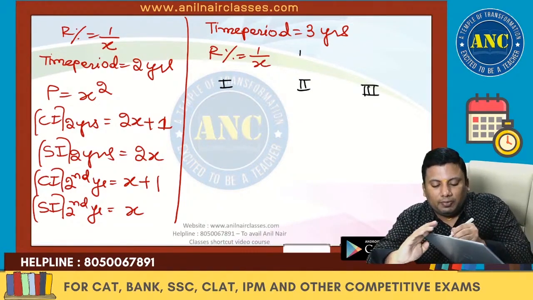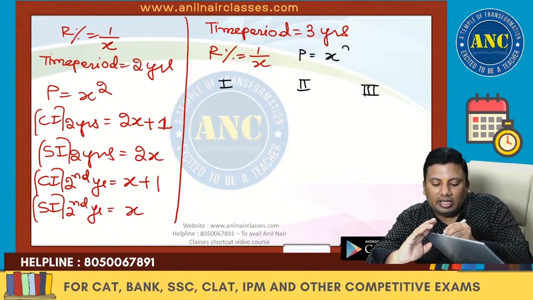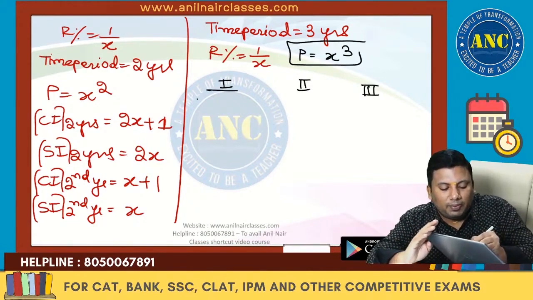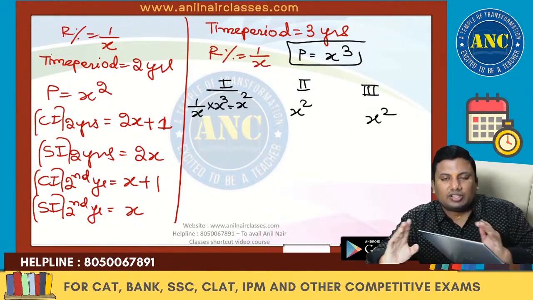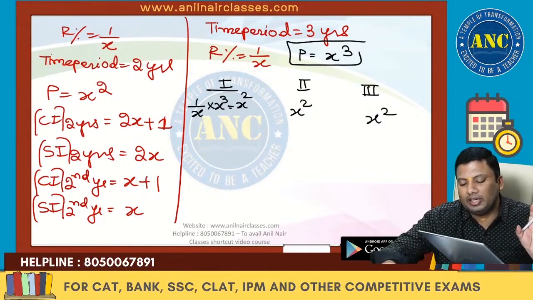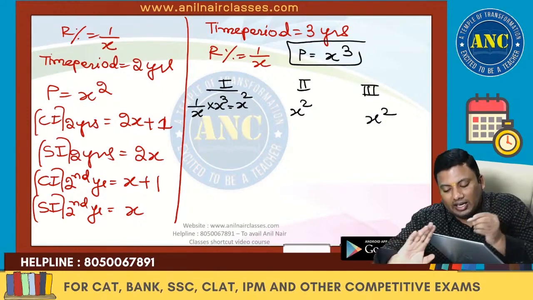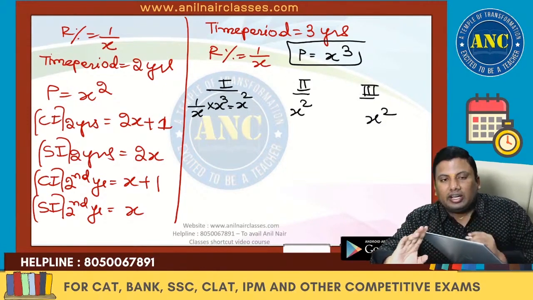So principal is nothing but denominator power k. It is x cube. First year simple interest is 1 by x into x cube, which is x square. Here also x square. For the first year simple interest is x square. Second year x square. Third year also it is x square.